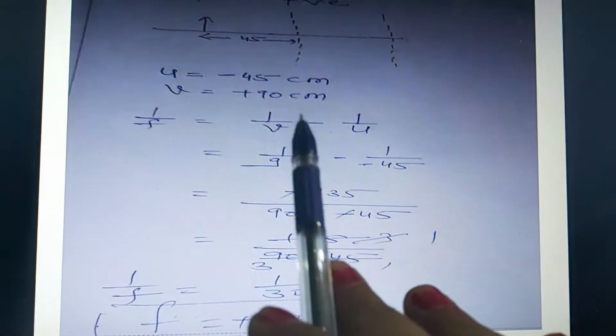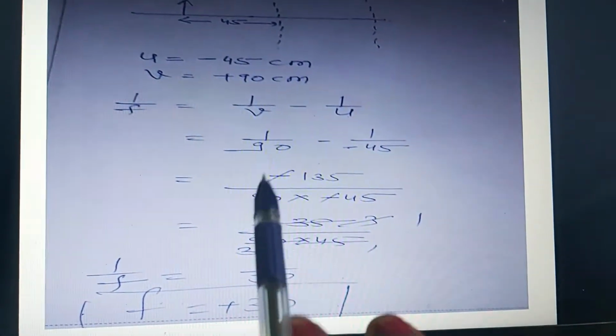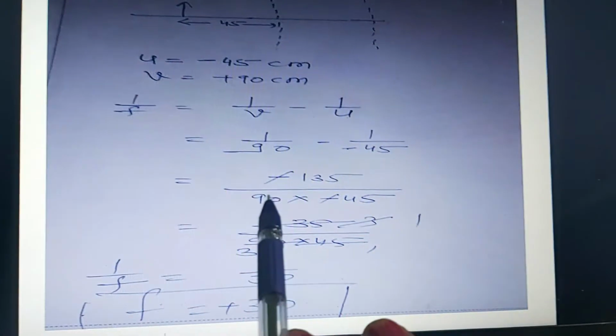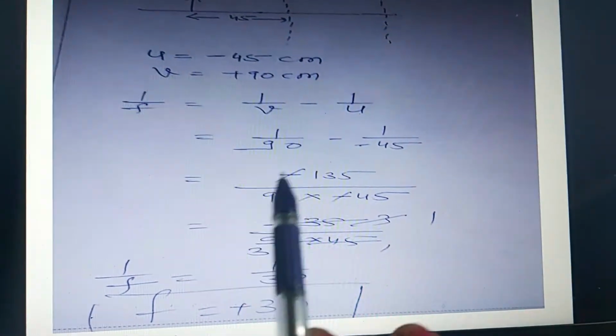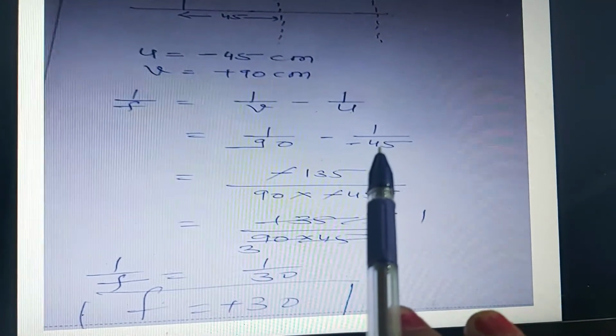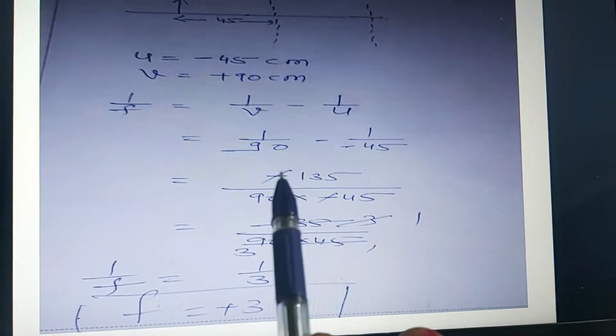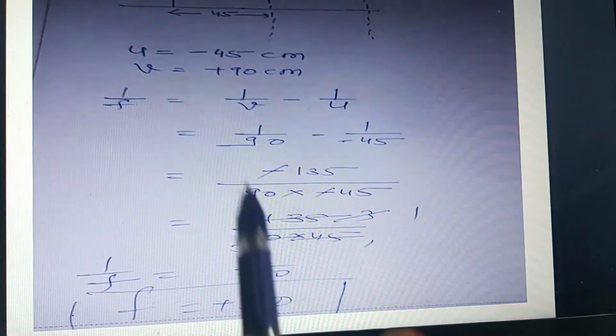So 1 by f is equal to 1 by v minus 1 by u. Here we have to put the value of v, that is 90, and in place of u the value minus 45. So 1 by 90 minus 1 by minus 45, and we have to solve them.